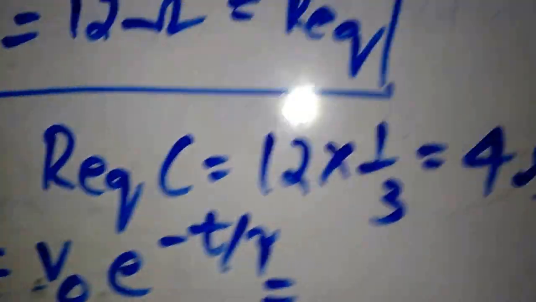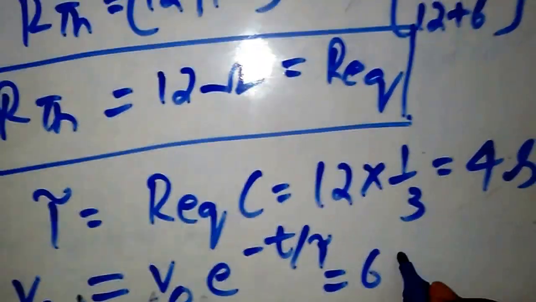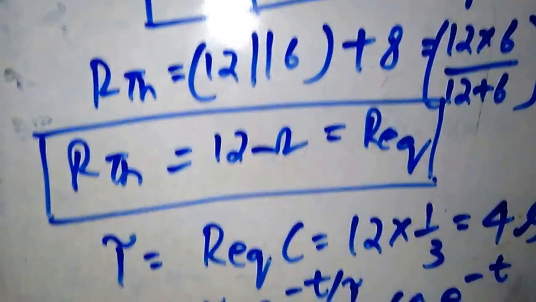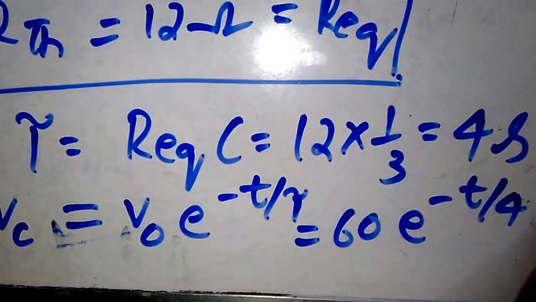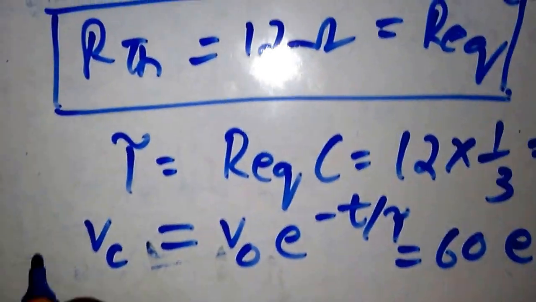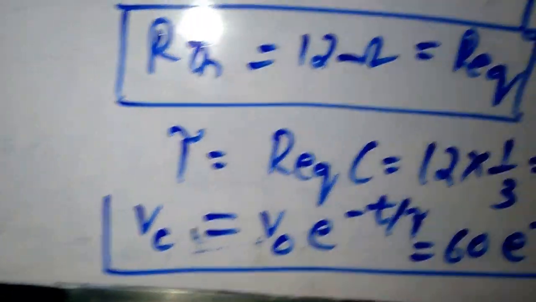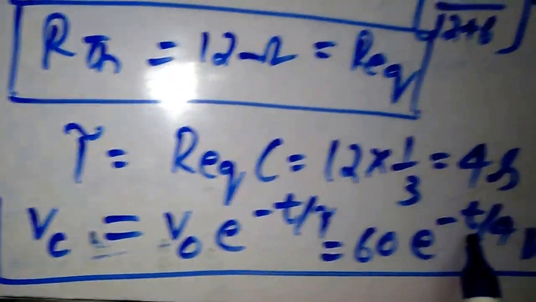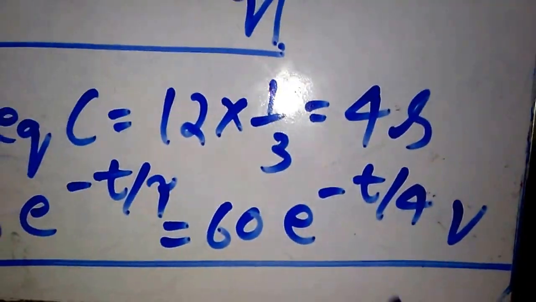V naught is already given in the problem as 60 volts. So 60 into e power minus t by 4 volts. This is the answer we got: Vc equal to 60 into e power minus t by 4 volts.